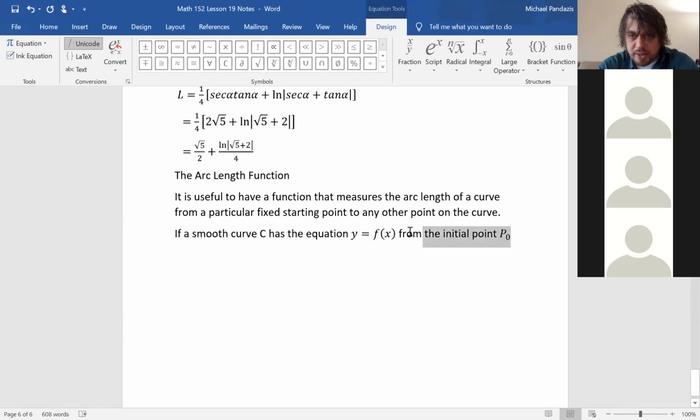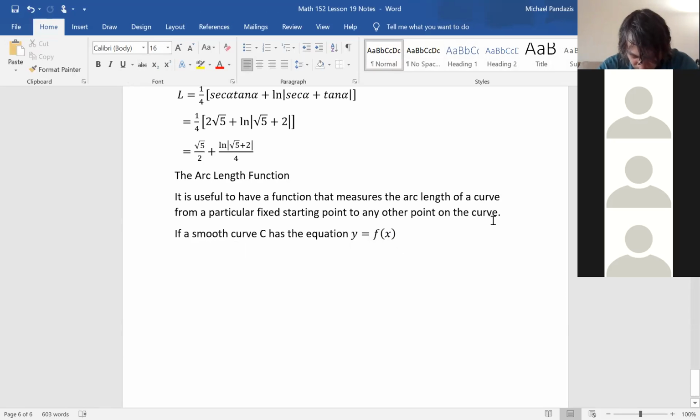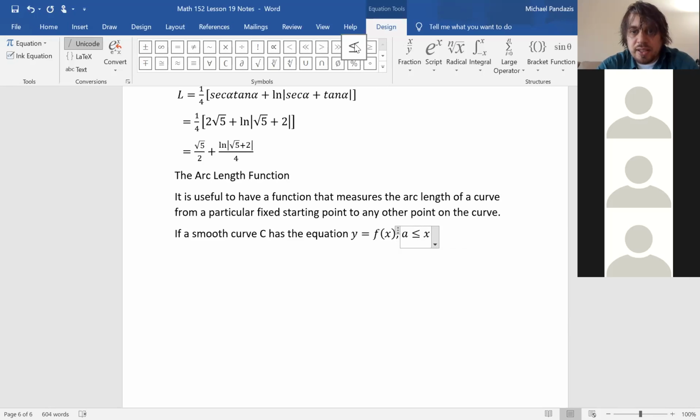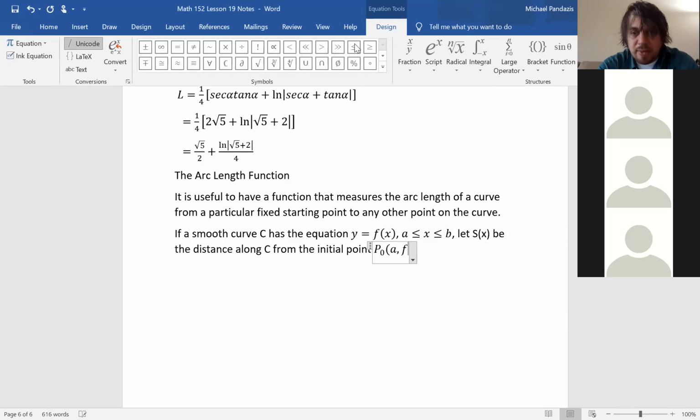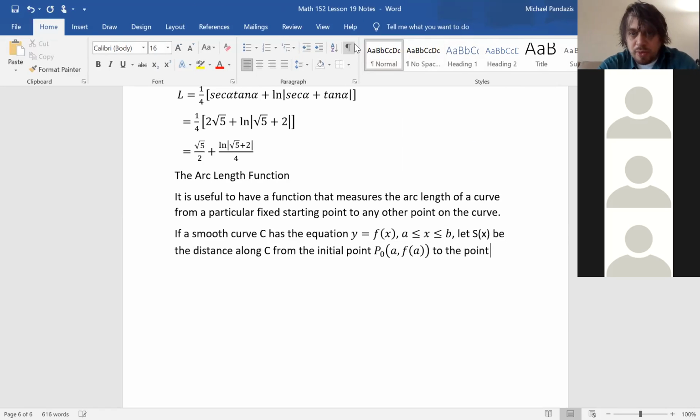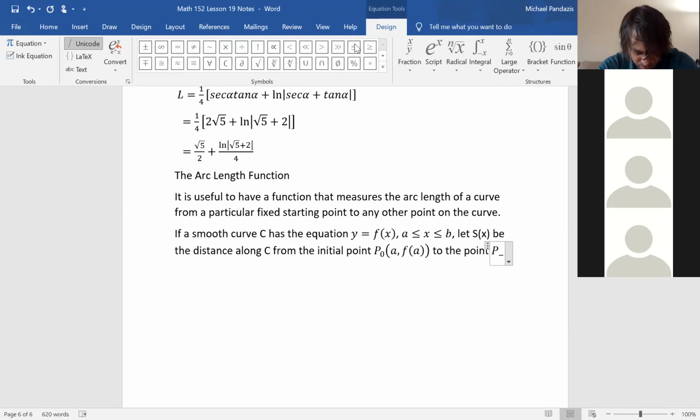If a smooth curve C has the equation y equals f of x for x values between a and b inclusive, let capital S of x be the distance along capital C from the initial point P naught of a comma f of a to the point Q of x comma f of x.